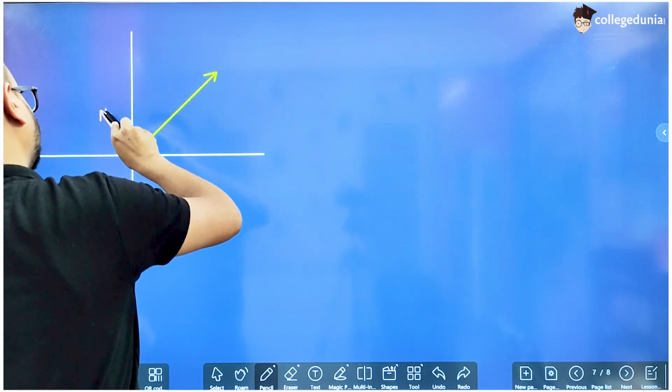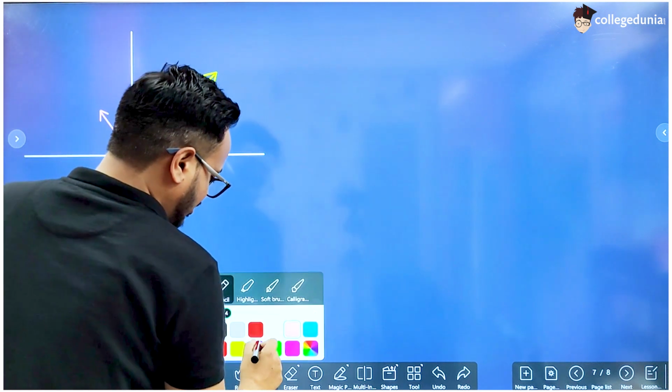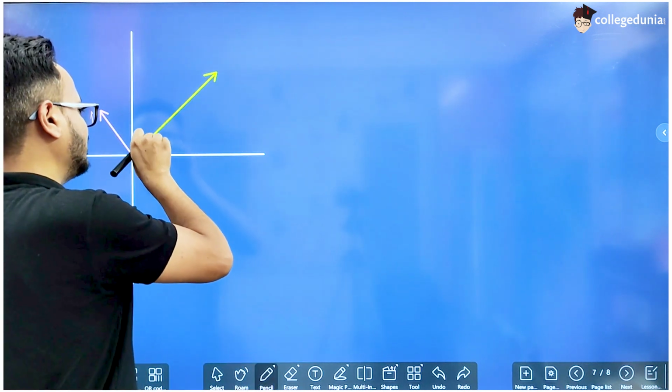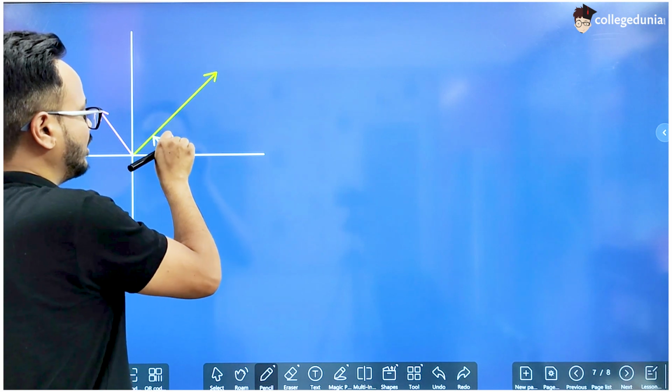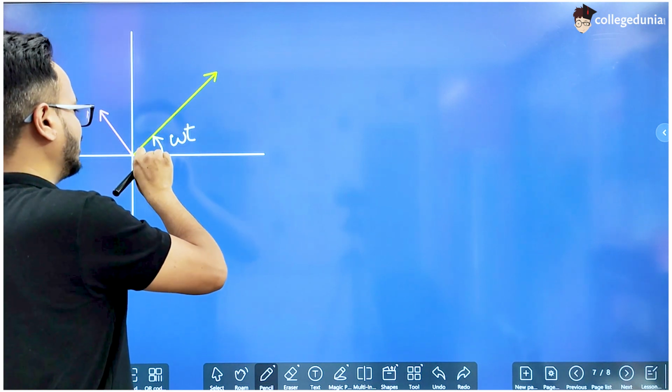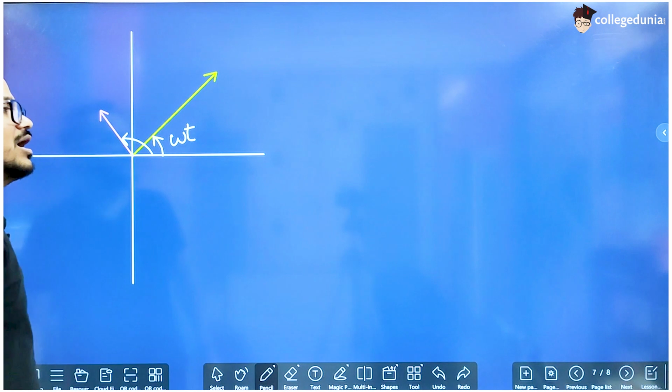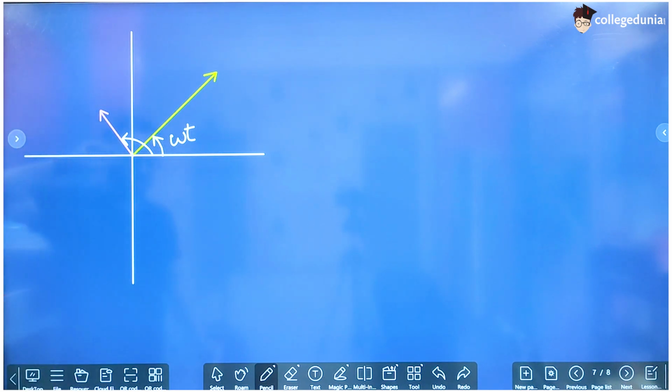So this is going to be the current, right? So if this angle is omega t, then this angle is omega t plus pi by 2, right?